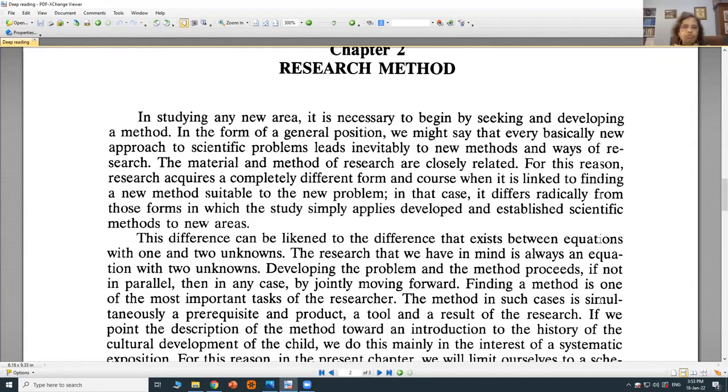That's why in forms in which the study simply applies developed and established scientific methods to new areas, it doesn't really fit. He's adding that new point, I think, into what he has stressed already. Yeah. Okay. And maybe that is a justification for why you really need a new method and a new approach. Yeah.